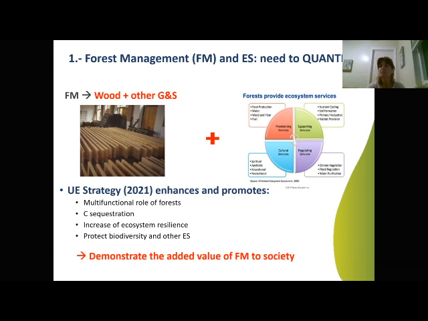Because sometimes it is not properly received, and that's because maybe there's a lack of information. They don't know what's the change in water, what's the change in fire risk, what's the change in carbon sequestration.